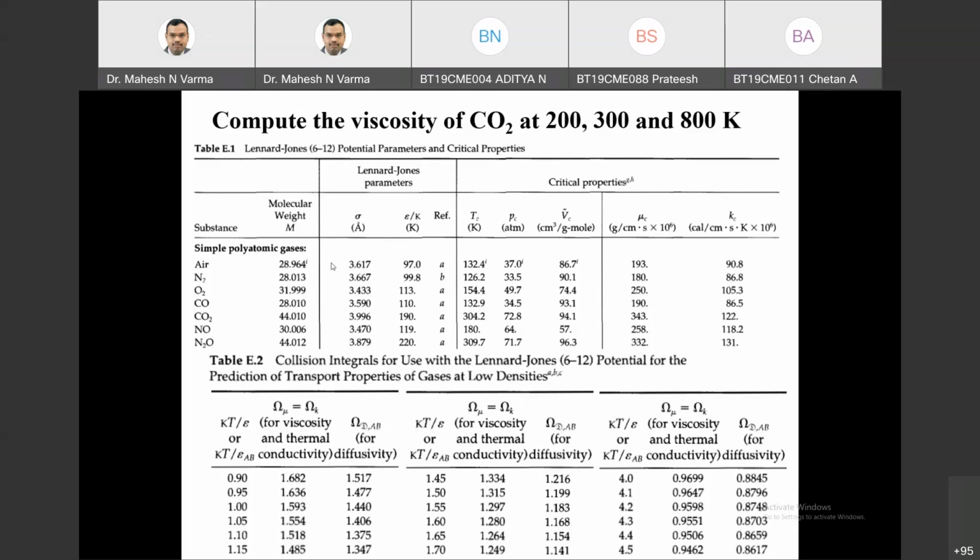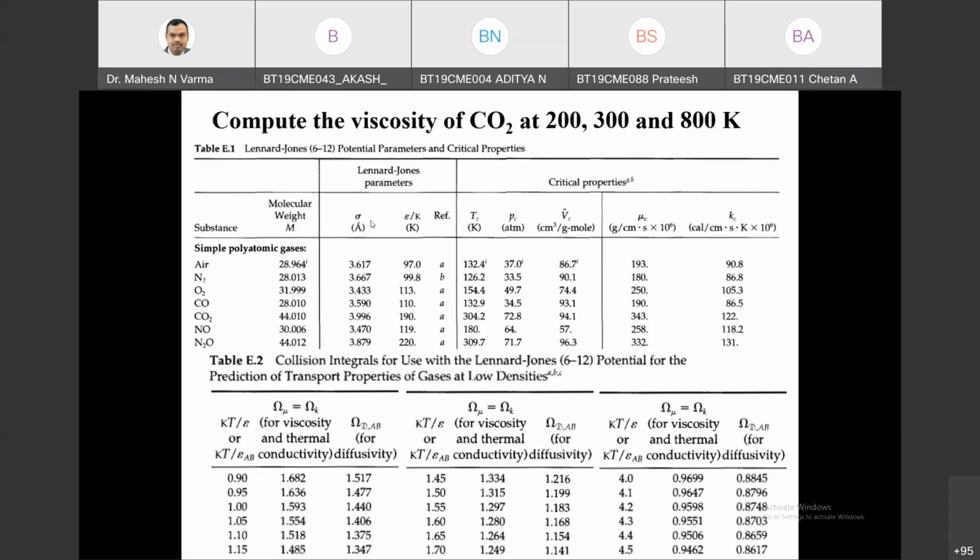Yes, sir. Can you just give me an input on how to solve this problem? Give the values, I already told you. At 200 Kelvin, you should start with the collision diameter. Which collision diameter are you using? For CO2, sigma is 3.996. Very good. And what is the molecular weight you are using? 44.